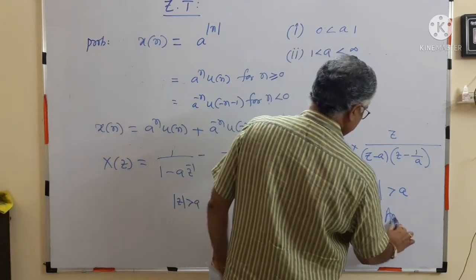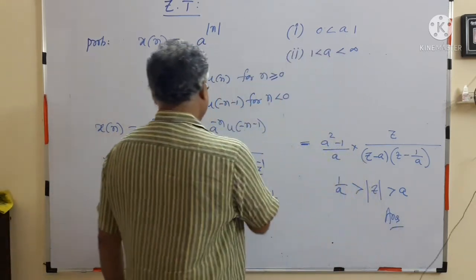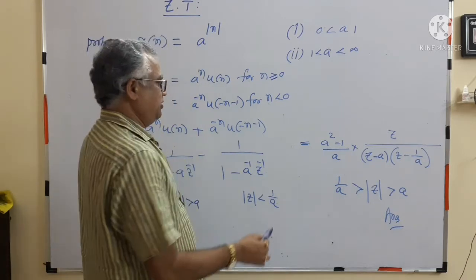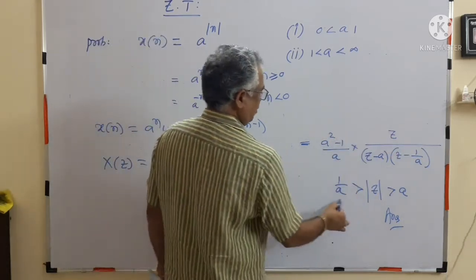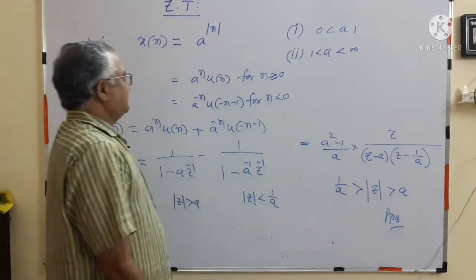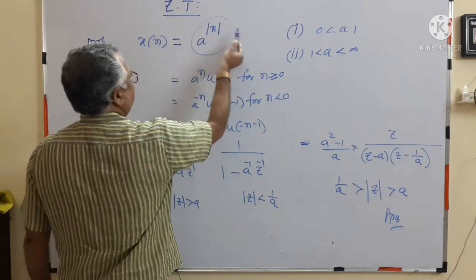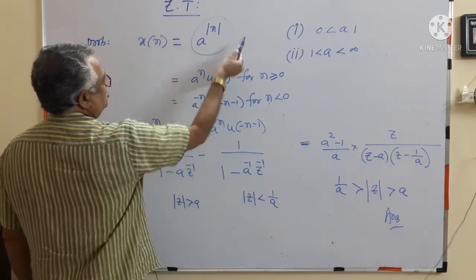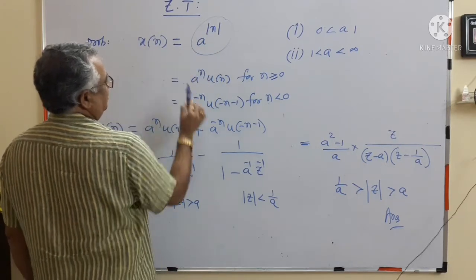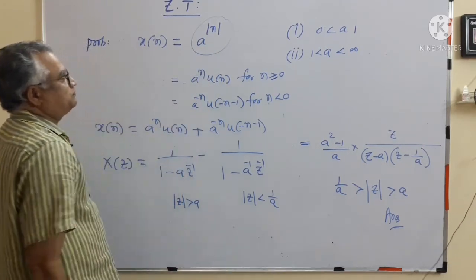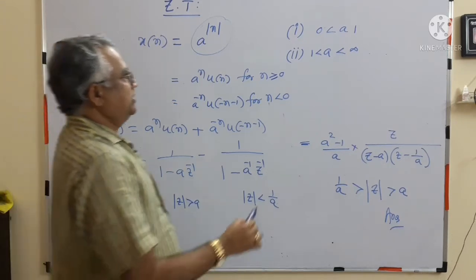So this is the answer. The detailed simplification steps I am not doing, but simplify and you get this answer. ROC is important. This is the specialty of this problem: a mod n, for positive value a power n, for negative value a power minus n. This is in case 1.